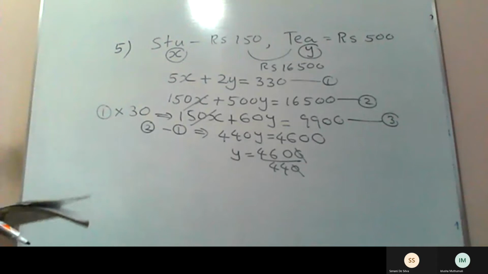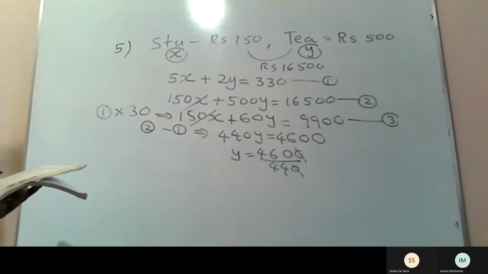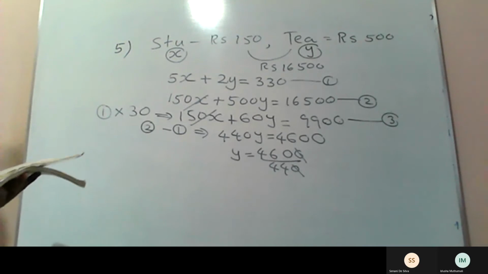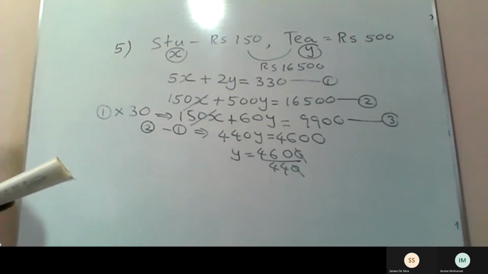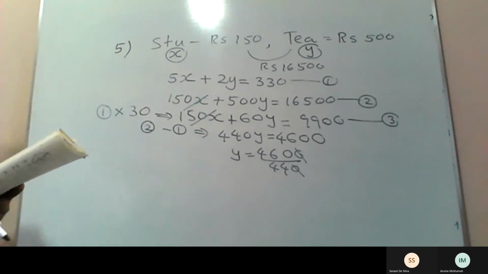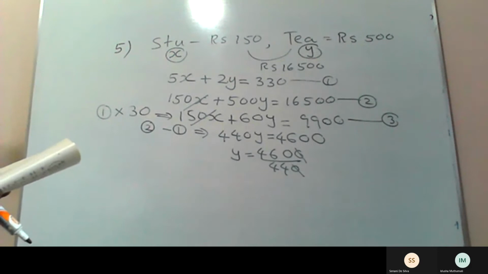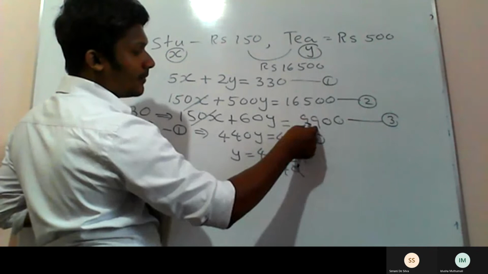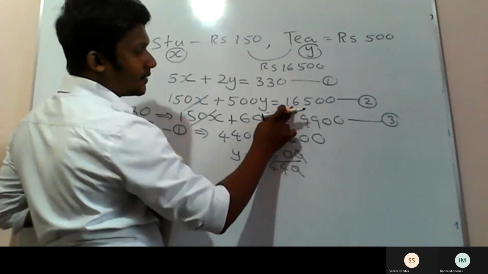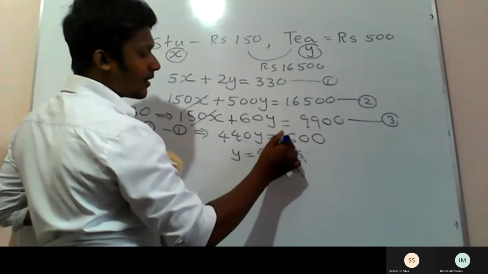Now, what is the value of y? Because 0 minus 0 is 0, 0 minus 0 is 0, 15 minus 9 is 6, not 4, right?